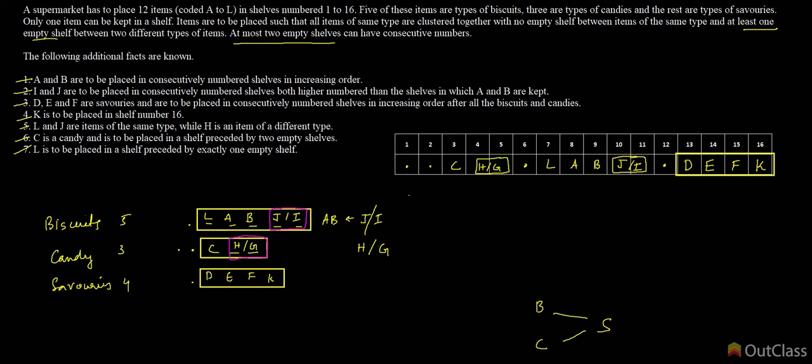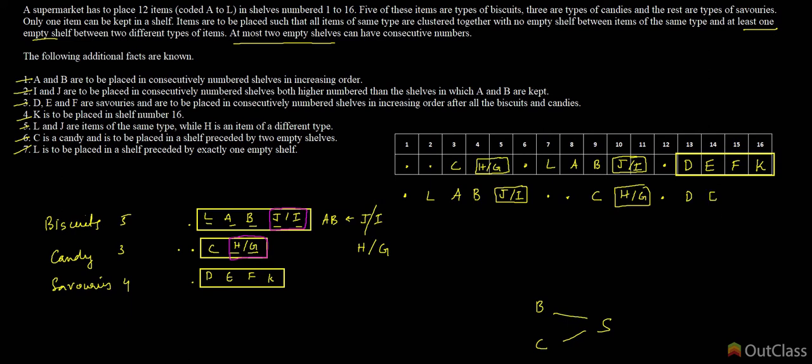The other possibility is to have one empty, L, A, B, J, I, 2 empty shelves, C, H bar G. The rest is the same even in the second case.